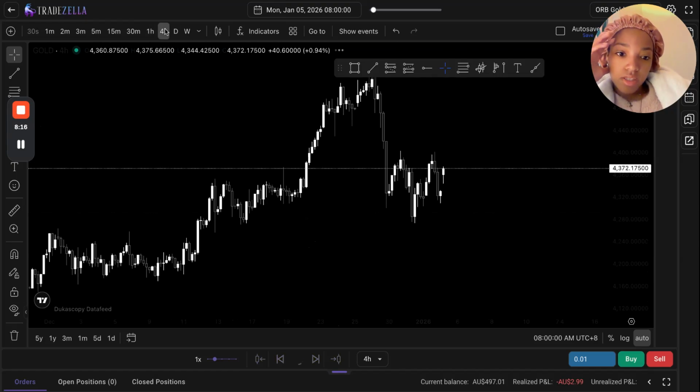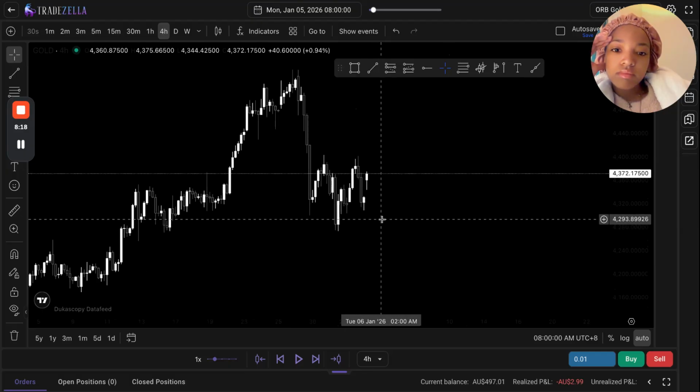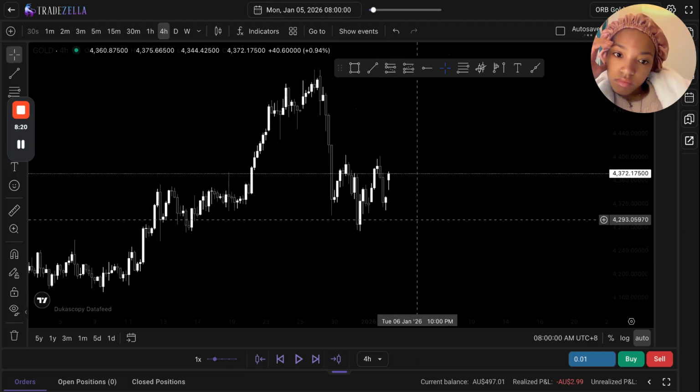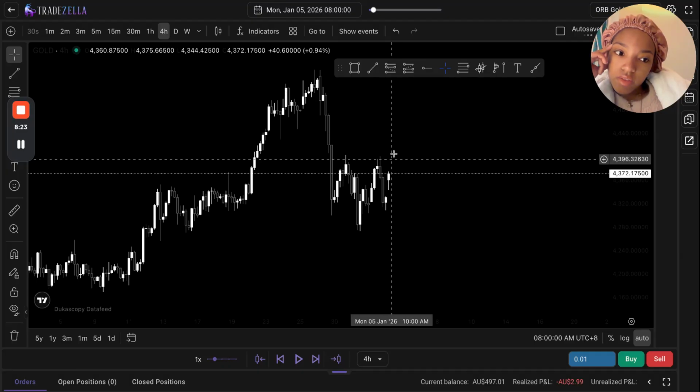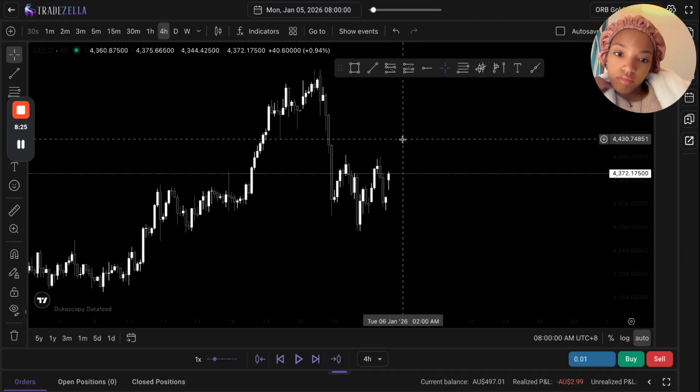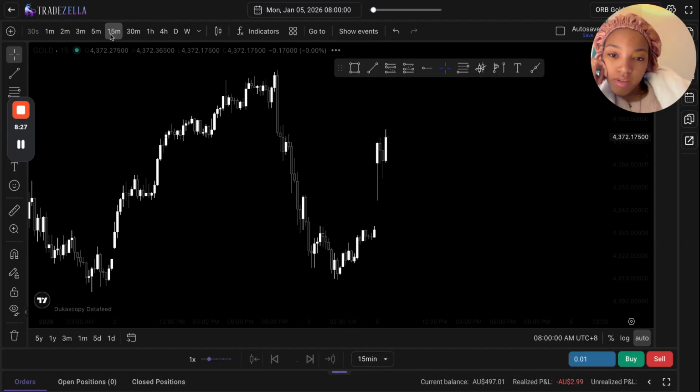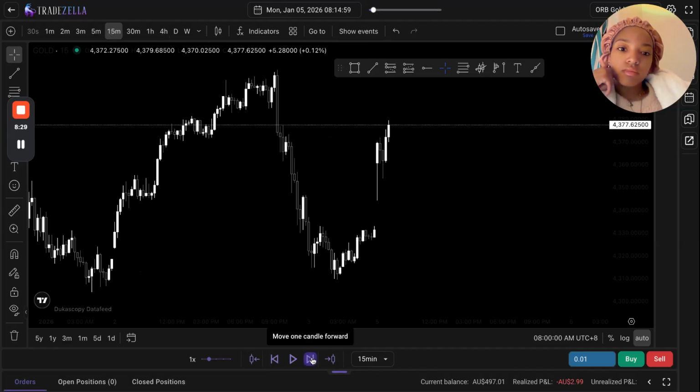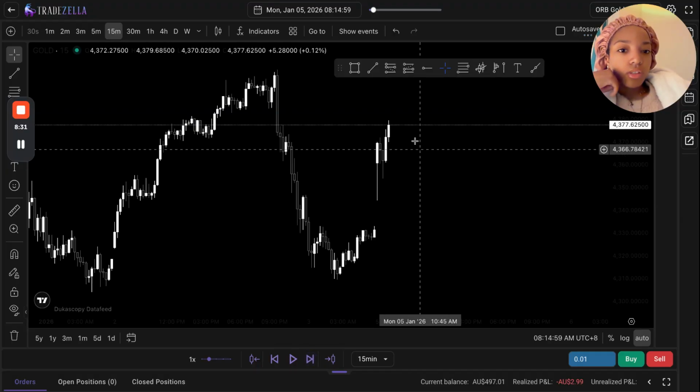I'm not gonna lie, I really want to see this strategy work. Looks like we just inverse this fair value gap here. Again, inverse this one here, so let's see. 15-minute has closed.